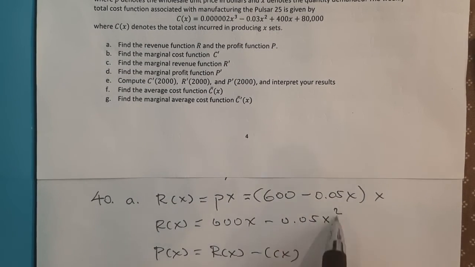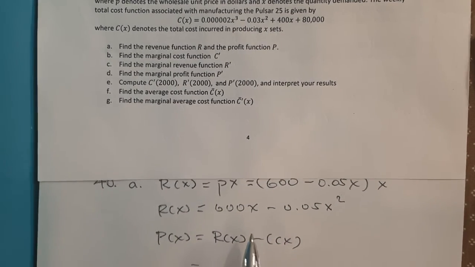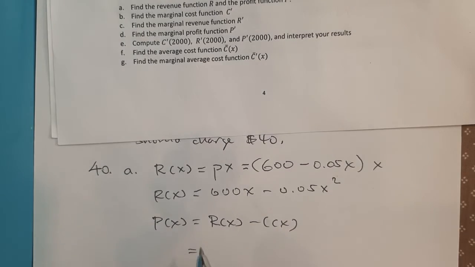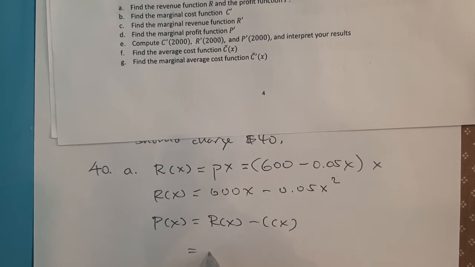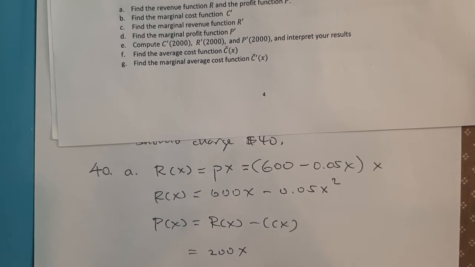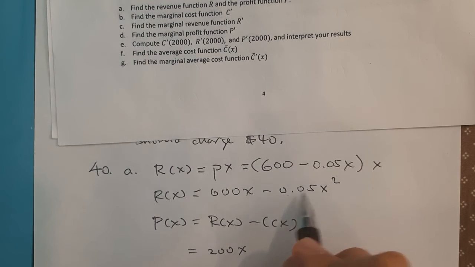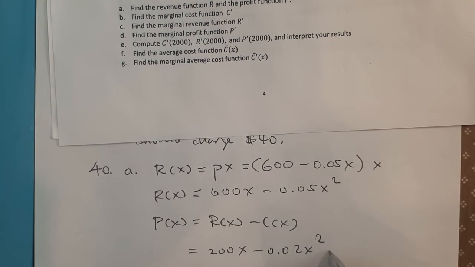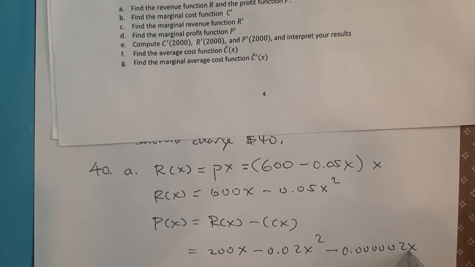So R of x, that is this one over here, and then minus C of x. If you simplify, we're going to get 200x, minus 0.02x squared, minus 0.000002x cubed, and then minus 80,000.